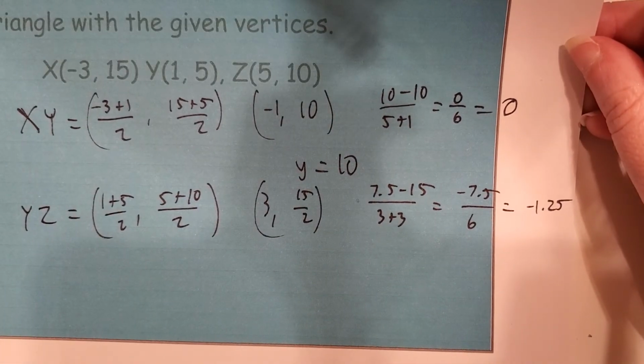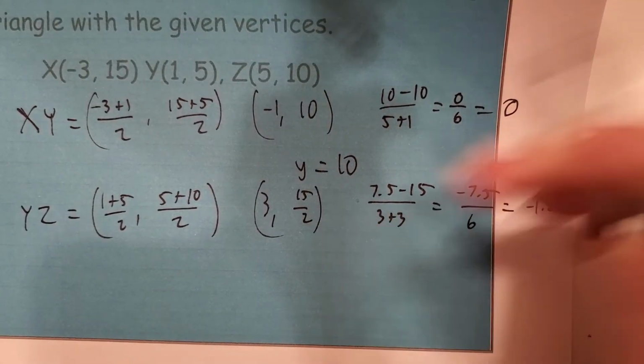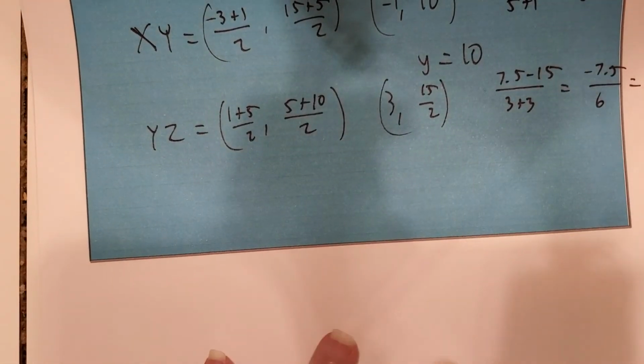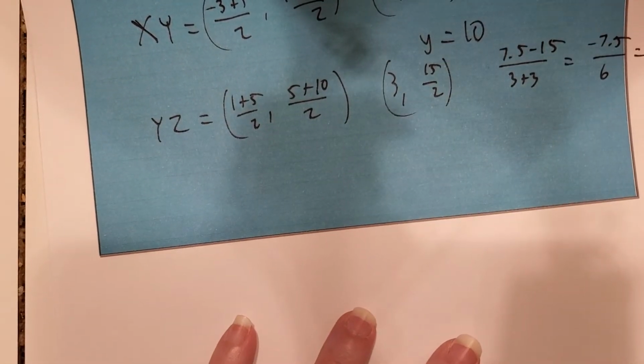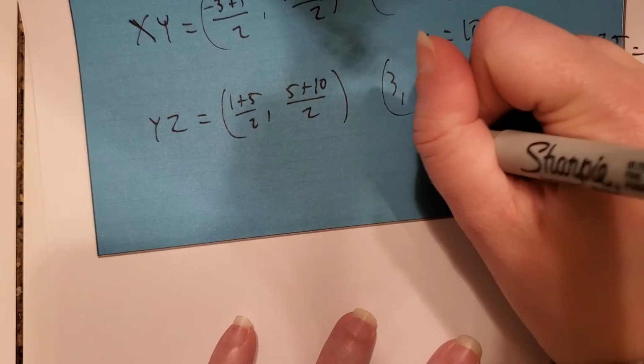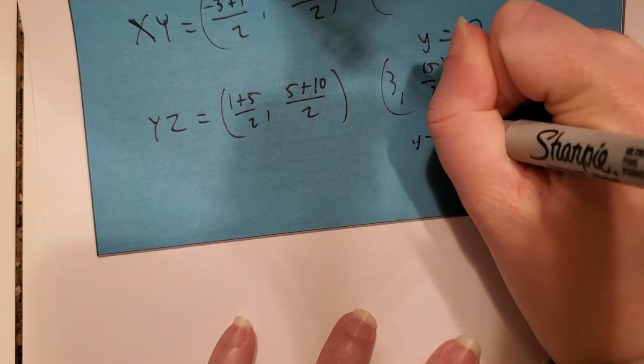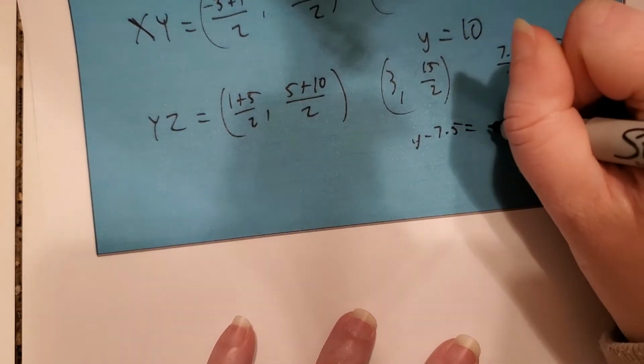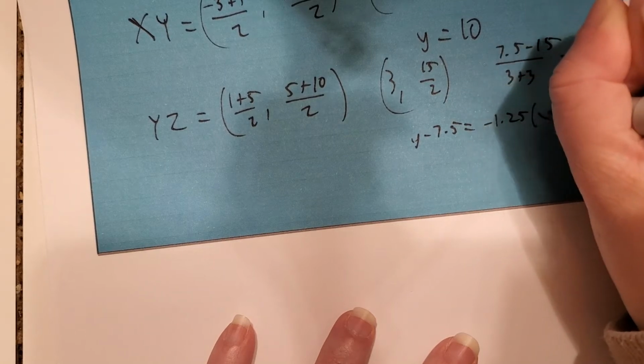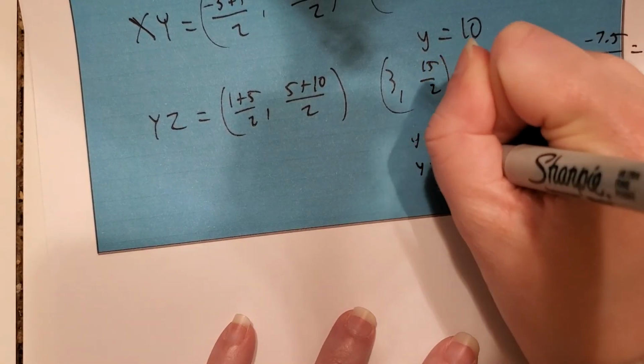All right. So then we write the equation with this slope that passes through this point. That's not so bad. It's just some pretty ugly numbers. Y minus 7.5 is equal to negative 1.25 times x minus 3.